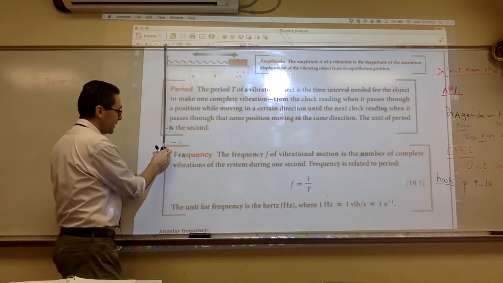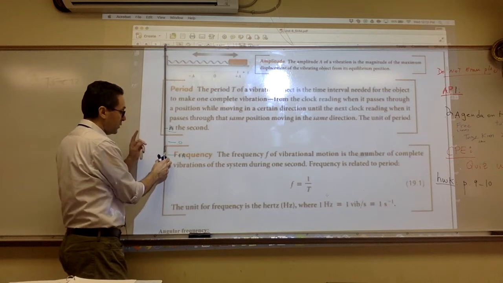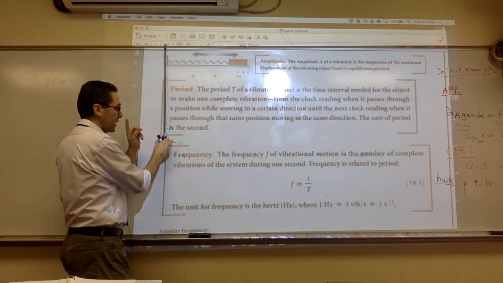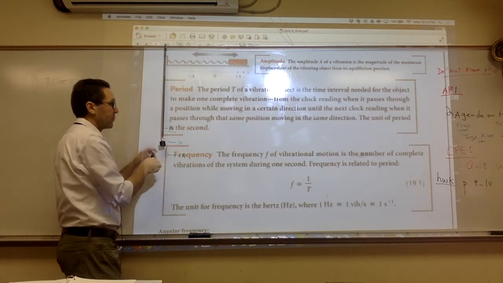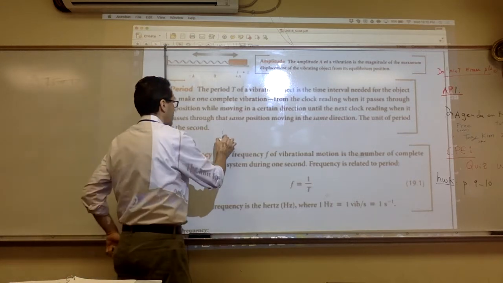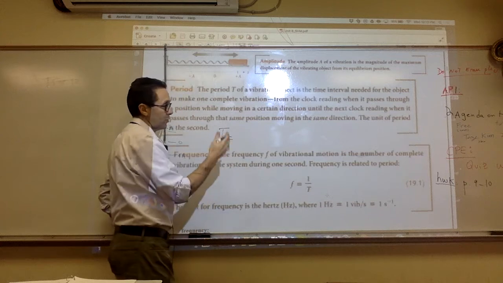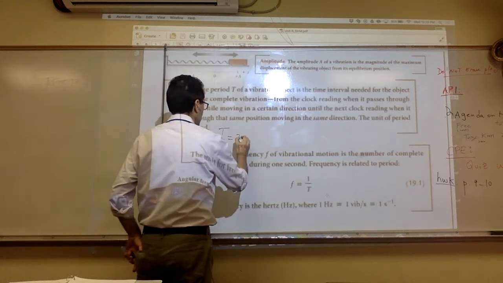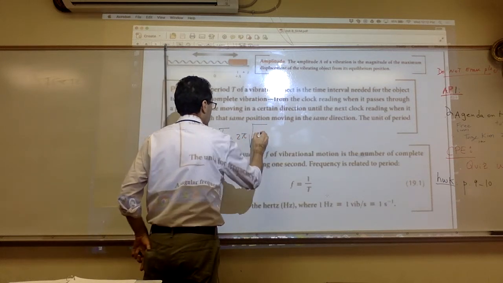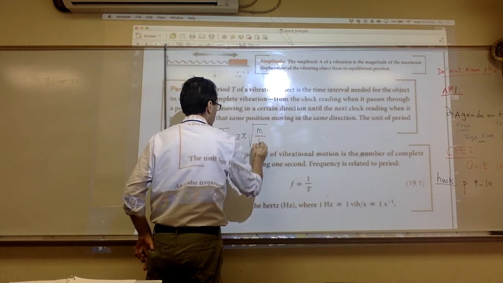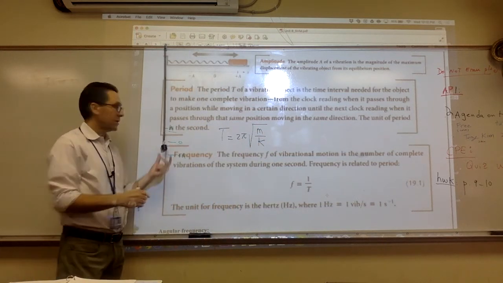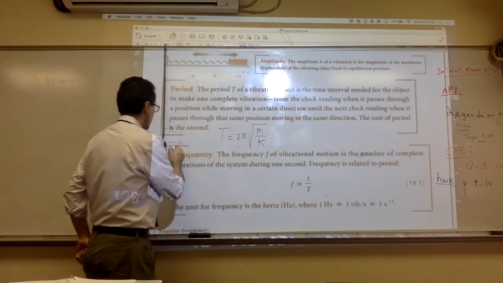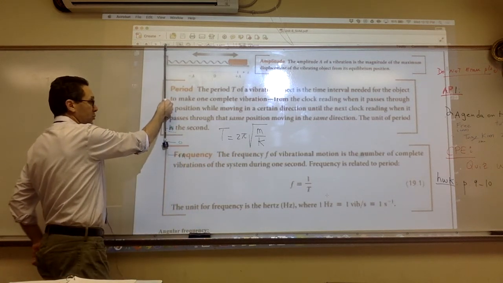So if I pull this here and I let it go, when it reaches here, that's a quarter of a cycle, another quarter, 3 quarters, and back to the period. Now, the period of a spring, maybe I'll prove this in another video, or maybe you can just accept it. It's 2 pi square root of m over k. Okay? M being the mass that's hanging on it, and k being the constant of this spring here.